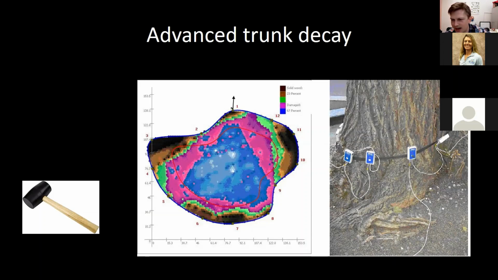They tap it with a device that sends a vibration through the tree, and based on how fast that vibration moves from where it's hit to these other devices, it's able to create an internal image of what the tree looks like. Unfortunately, that's a very expensive piece of equipment and is not available to most of us. So the mallet is the closest thing that we have for guessing how much decay there is internally.